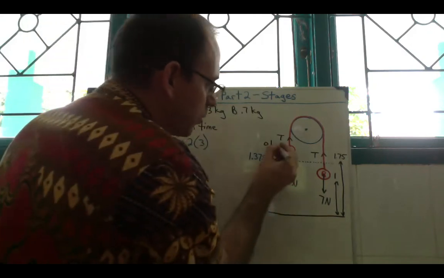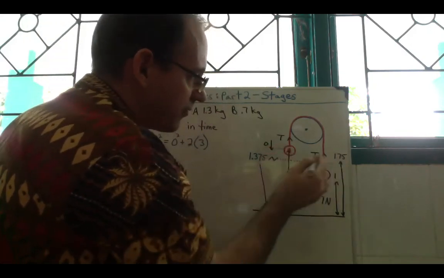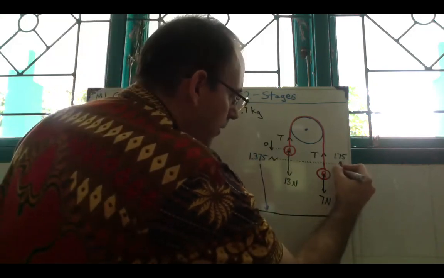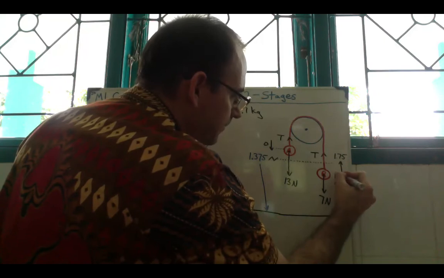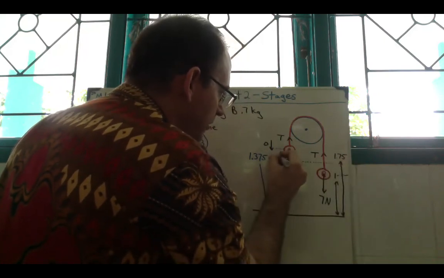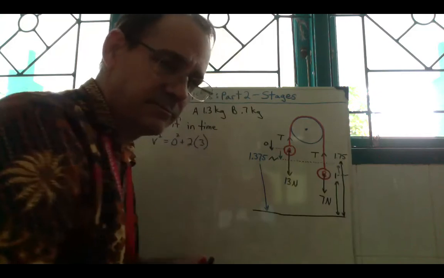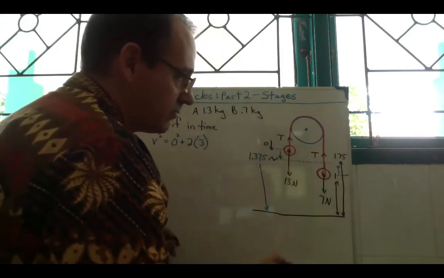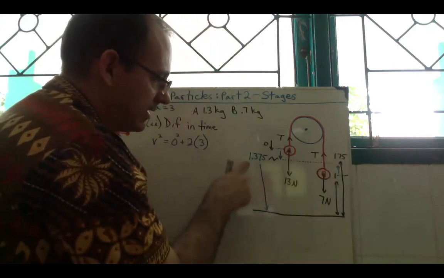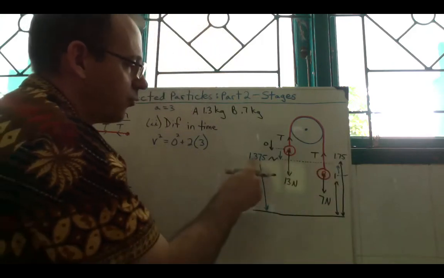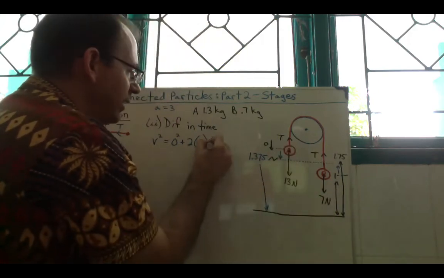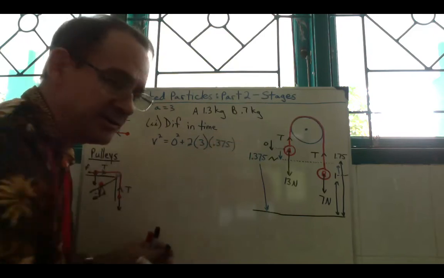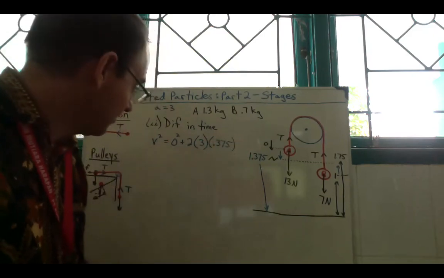Well, the distance that we're looking at is from the 1.75 to the 1.375, or also from the 1 up to that middle level. And so to take 1.75 minus 1.375, or 1.375 minus 1, we get a distance that it traveled of 0.375 meters before the string broke.